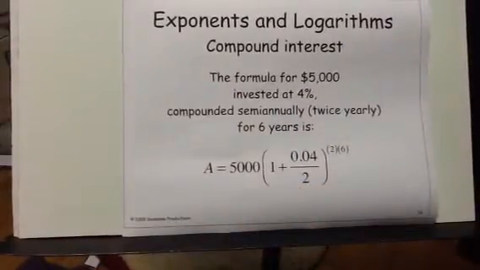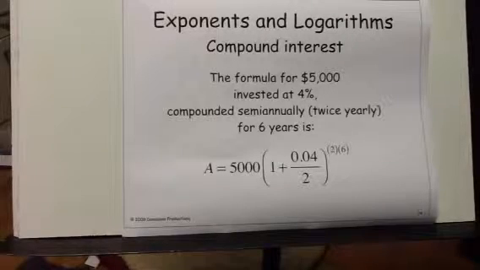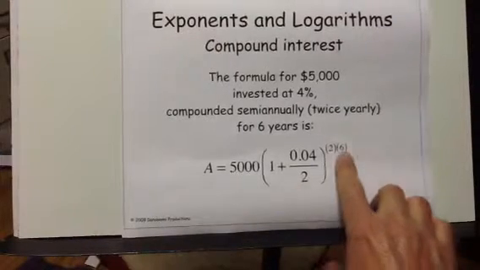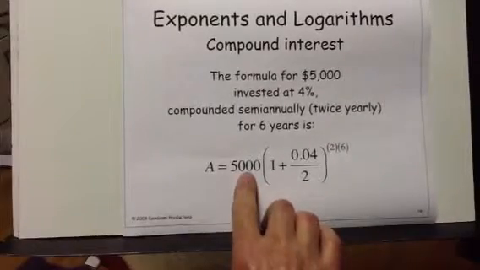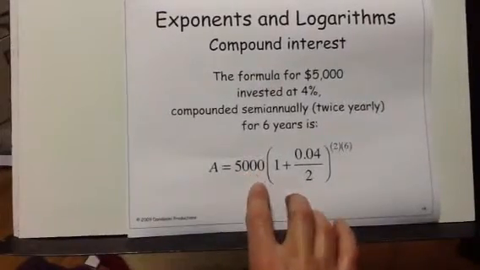Let's say we have $5,000 to invest, and we're going to invest it at 4%, and we're going to compound that investment semi-annually. That is, calculate the interest, add the interest on, and then generate interest on the new, larger amount. So if we're going to do this for 6 years, then we start with our initial amount of $5,000.